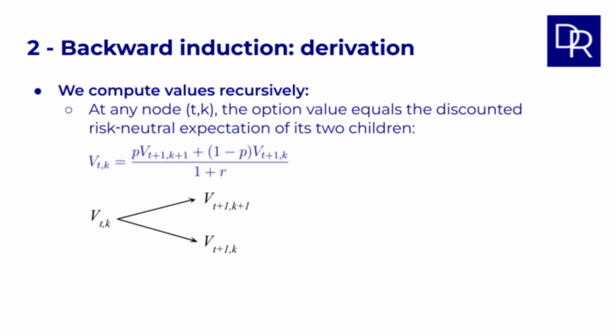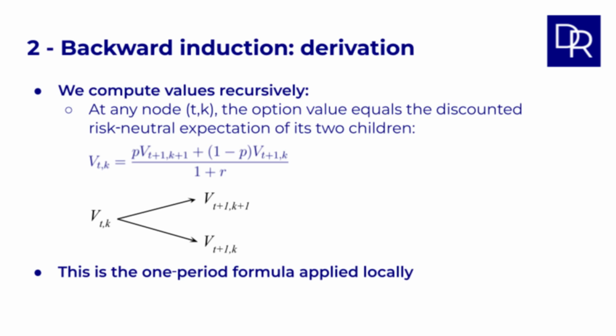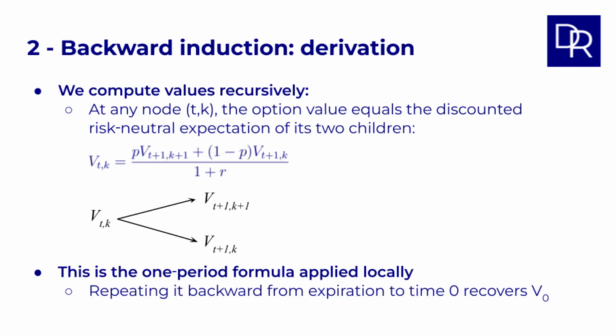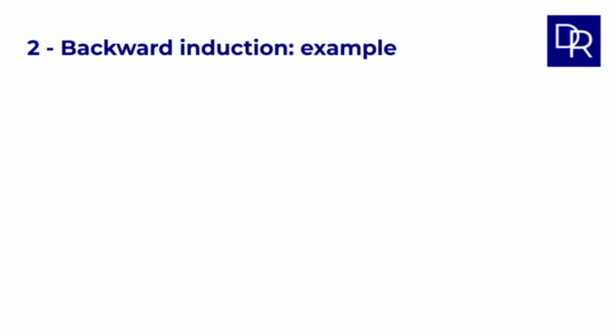At any node tk, so at time t, with k up moves so far, the option value equals the discounted risk-neutral expectation of its 2 children, which is given by this formula, which is the 1 period formula from the previous video applied locally. Repeating this formula backwards at each node from the expiration of the option to time 0 recovers V0. Let's see this in action in our example.